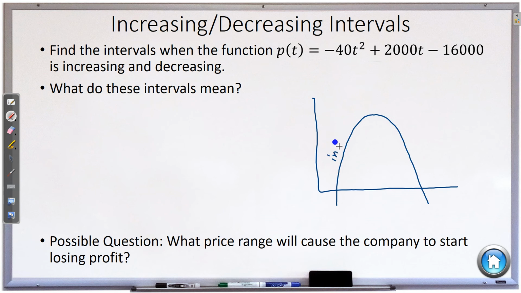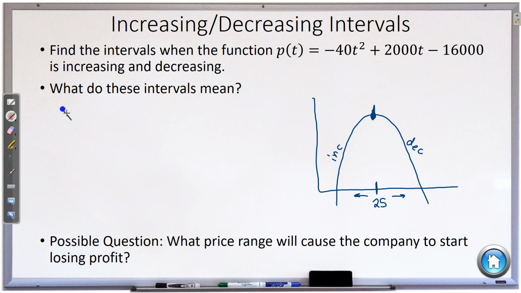So at first we are increasing, and then the parabola goes down, so then it is decreasing. And we already know where it stops doing one and starts doing the other, right at the vertex at $25. So if we're less than 25 over here, the parabola is increasing. And if we're bigger than 25, the parabola is decreasing.